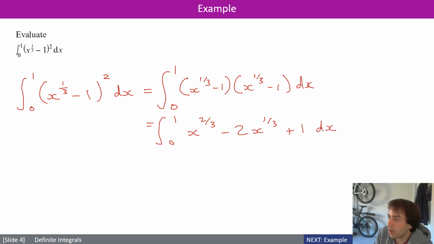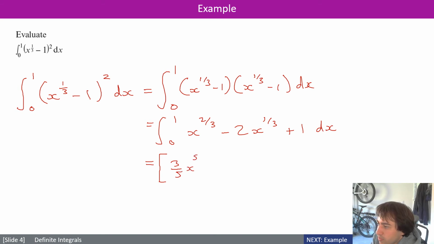Okay, now we can perform the integration. So because we're about to perform the integration, let's get our first square bracket ready. Add 1 to the power of the x to the 2/3. We get 5/3 divide, and this we all know how to do.